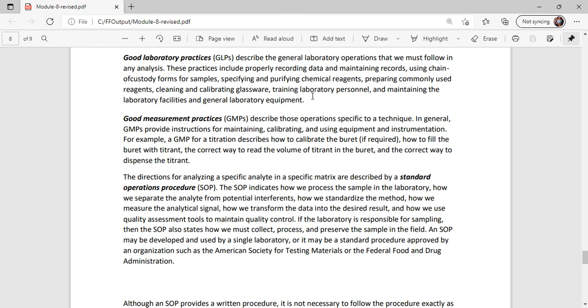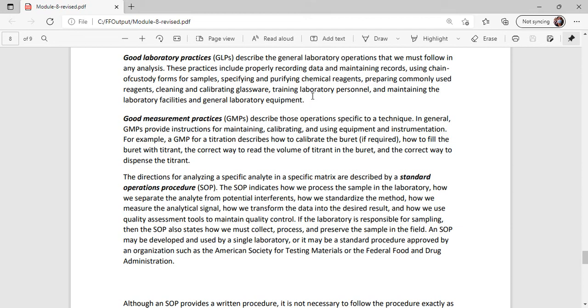That is your chain of custody form. Other practices include specifying and purifying your chemical reagents, preparing commonly used reagents, cleaning and calibrating your glassware, training laboratory personnel, and maintaining the laboratory facilities and general laboratory equipment.